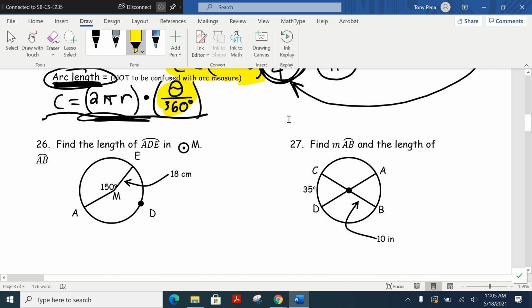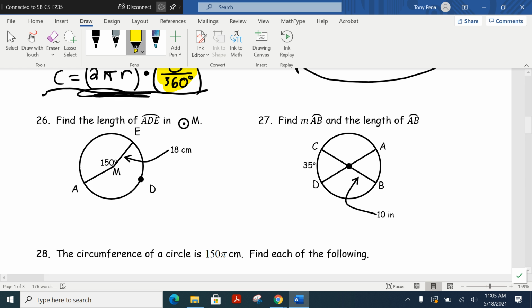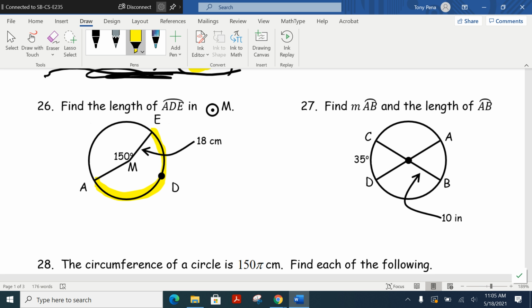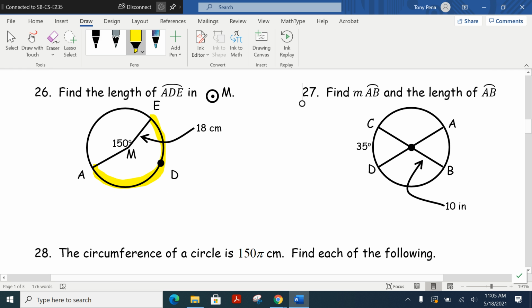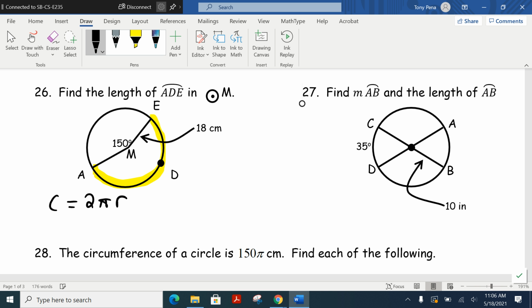So if I go to number 26, we want the length of ADE. Right, so that's what we are trying to find. The length of a circle, the perimeter of a circle, however you want to think of it, the circumference of a circle, is from here to here to here, and we would always be using, in general, if it was the full circle, 2 pi r.